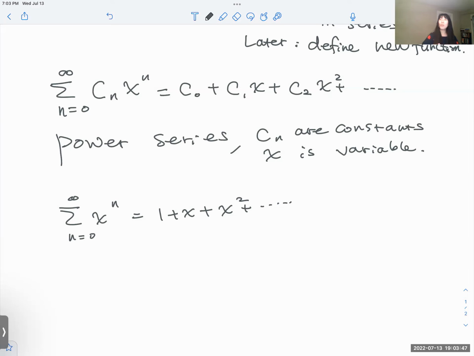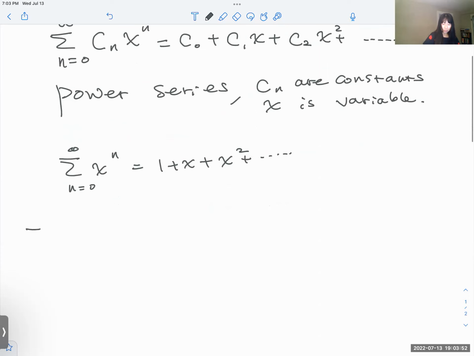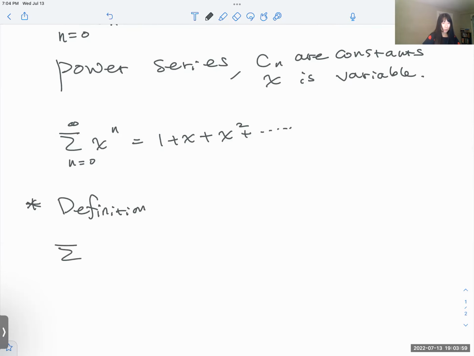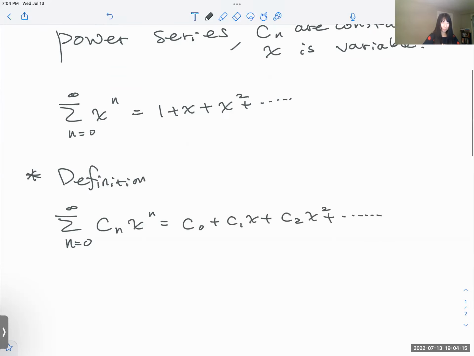Now, I want to write down the definition of power series. We just said that a series of the form c sub n x to the n power, c naught plus c sub 1 x plus c sub 2 x to the second power, and so on, we call a power series centered at x equal to 0.